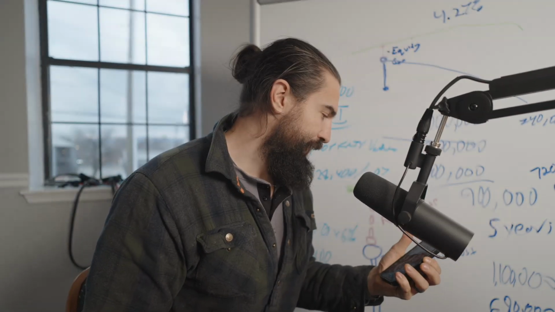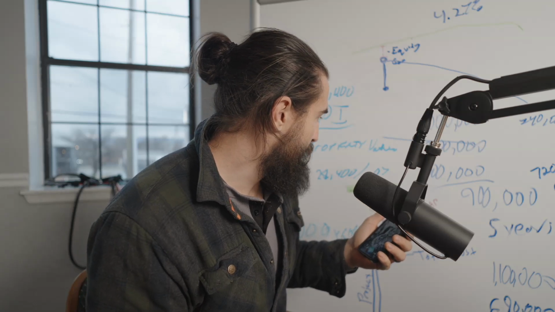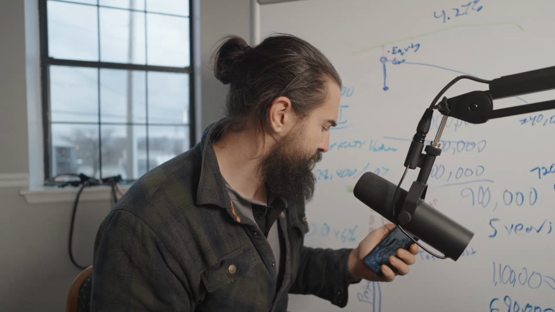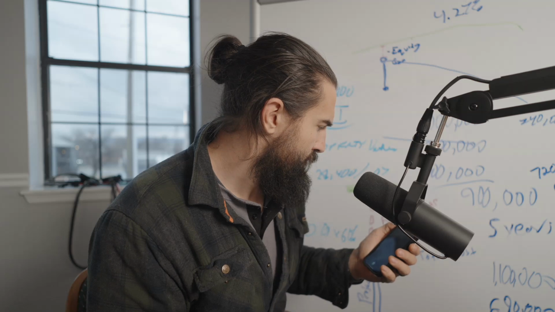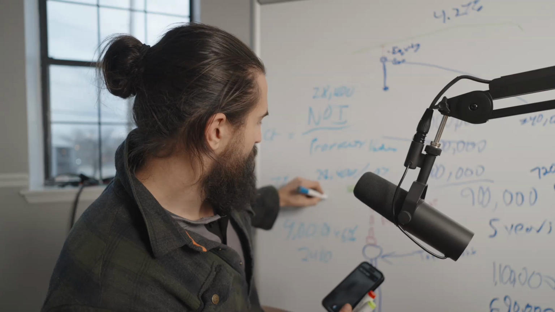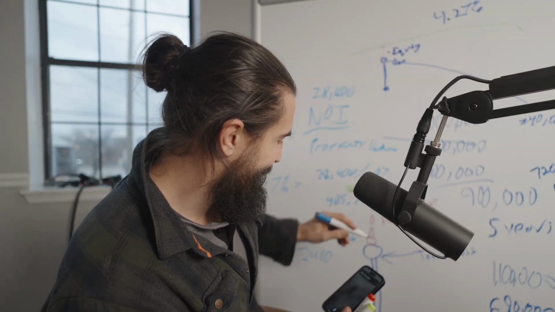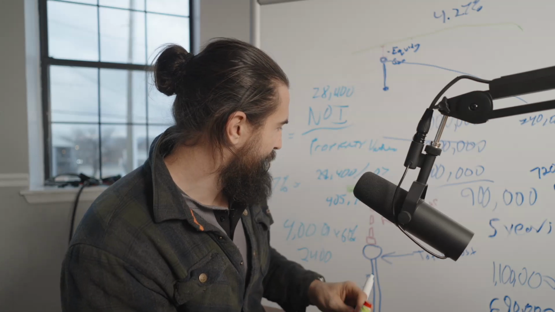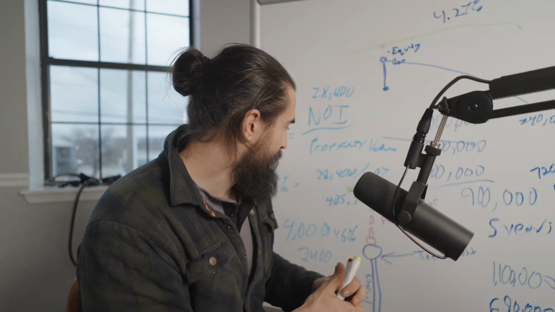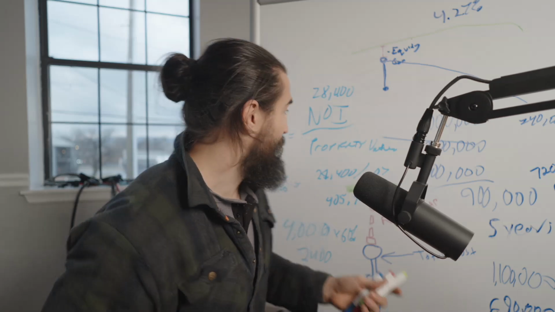I'm asking for a friend here. $28,800 divided by 0.07 is approximately $411,428. Hell yeah, look at that. Around $400,000, which, once again, is the 1% rule right there.